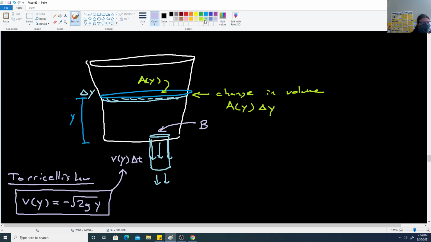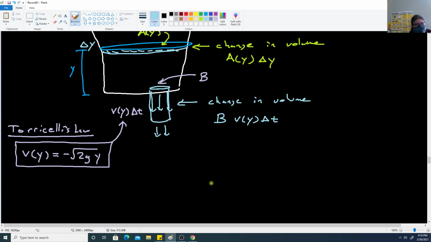So if we do all that, we have a change in volume down here. It'll be the area of the hole in the bucket times the height of the water column falling out the bottom, which is the velocity of the water times the change in time. And these two are going to be the same.